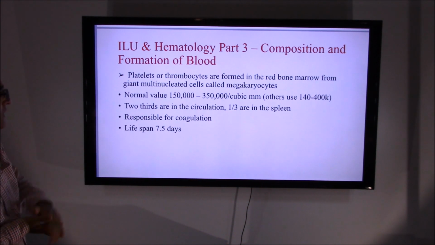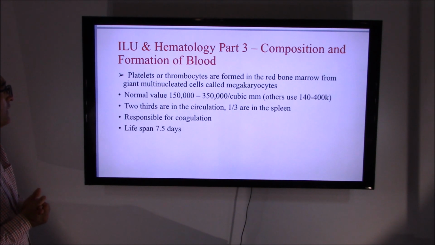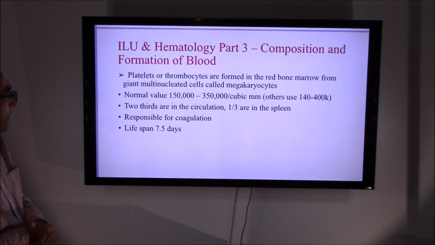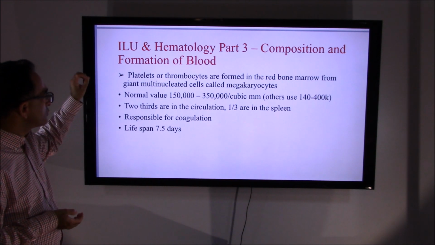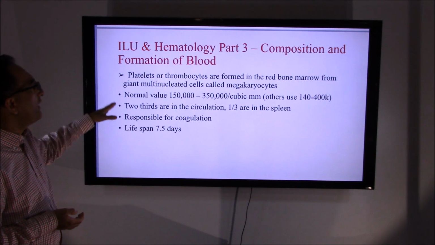Familiarize yourself with the normal range. It may differ depending upon what the doctor prefers and what you see in the medical records that you have ordered to better underwrite the individual. One-third remain in the spleen, and two-thirds are in the circulation. The key function that should come to your mind when it comes to platelets is coagulation.